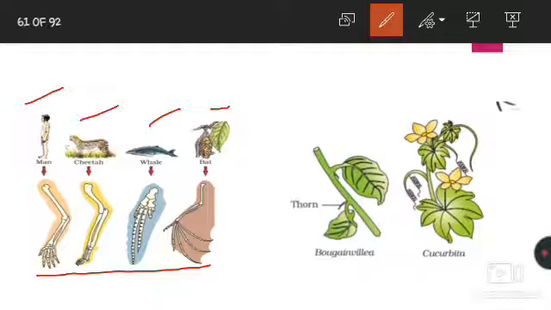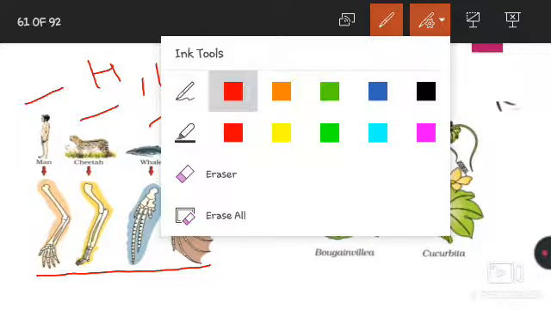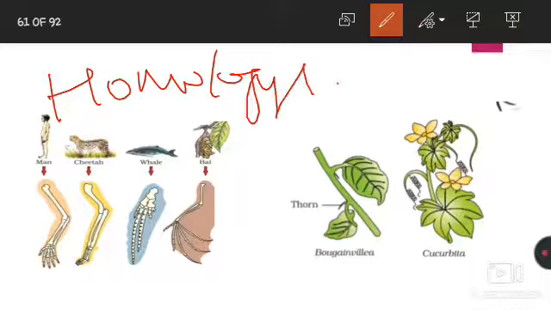That means they consist of humerus, ulna, radius, carpal, metacarpal. Structure is same but function is different. So these are called homologous structures. That means they show homology.